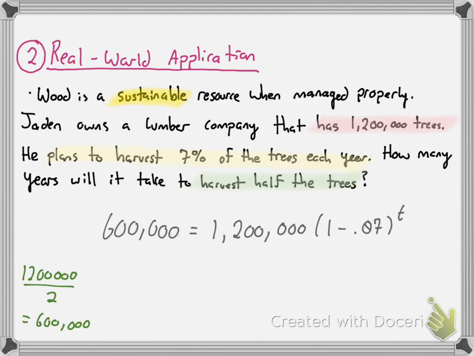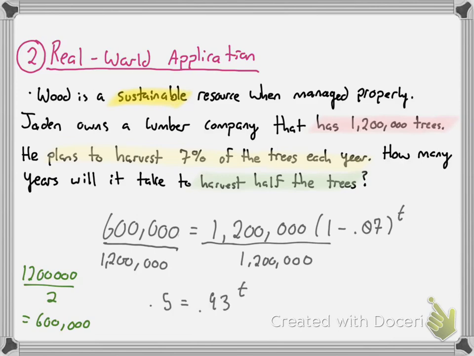Before that, I'm just going to get that radical by itself. So I'm going to divide both sides by 1.2 million. And now I'm left with 0.5 equals 0.93 to the t power. What I did there is I changed 1 minus 0.07 to 0.93, so that's where that comes from. Now, my last step is I want to get that t out of the exponent. So I'm going to take log base 0.93 on both sides.